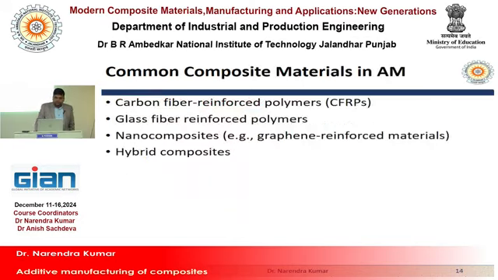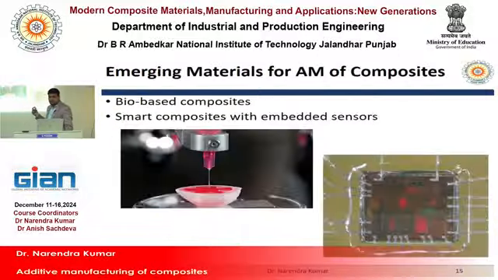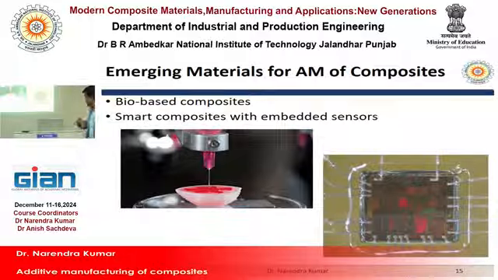So common composite materials in AM. Carbon fiber reinforced polymers, glass fiber reinforced polymers are there. Nano composites, some hybrid composites are also there in this field. And there is the emerging area where you can develop some bio-based composites. Smart composites. Smart composite means smart composite with embedded sensors.